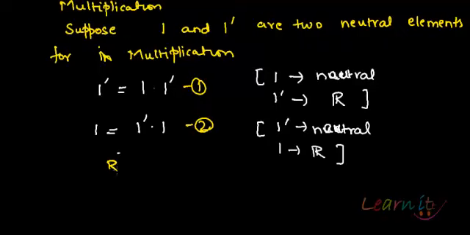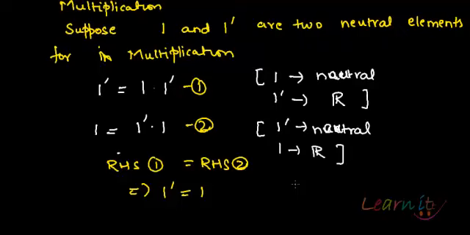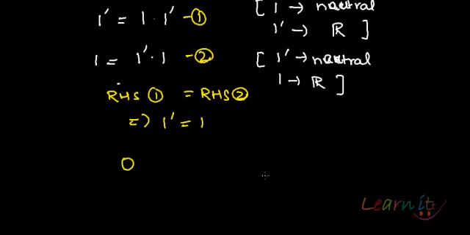You see the RHS of 1 equals the RHS of 2, which implies 1 prime equals 1, and hence you can only have unique neutral elements. The unique neutral element for addition is noted as 0 and 1 for multiplication. So addition, it's 0, for multiplication it's 1. Okay, so that's the proof of it.